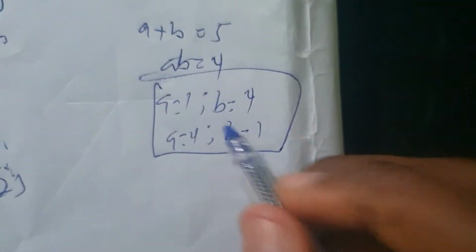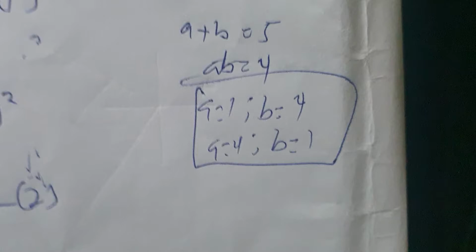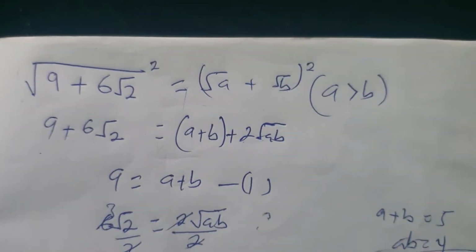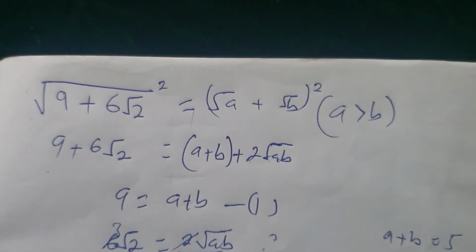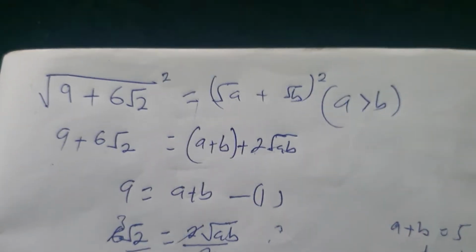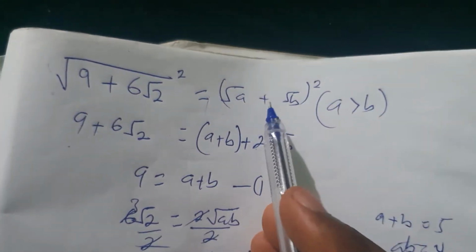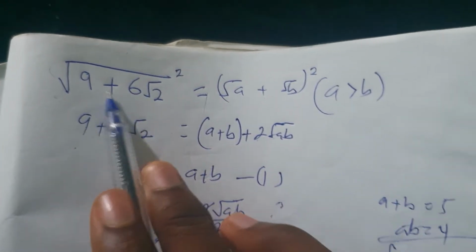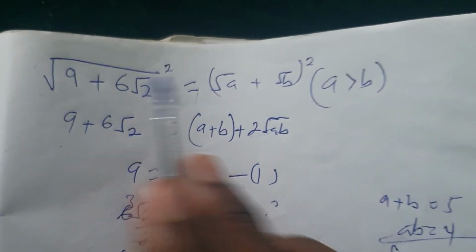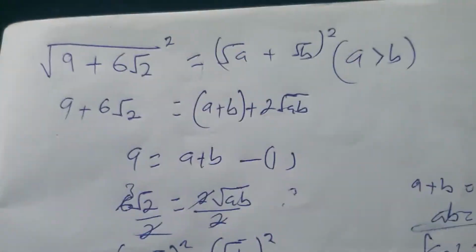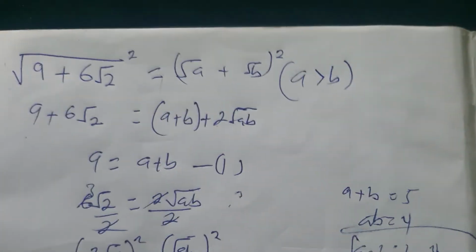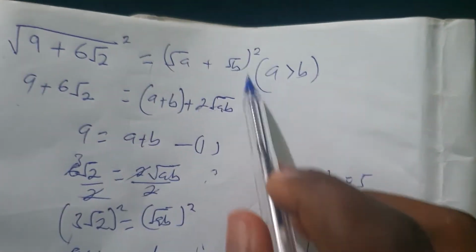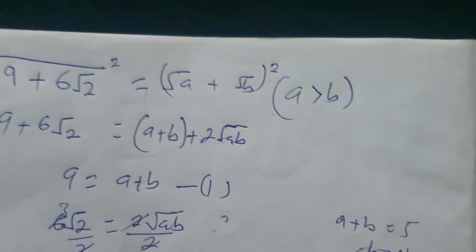Two different sets, but all of them will satisfy the equation. So how do you know which one to use? In this case, any one that you use will be acceptable because of the plus here. But in case this was not a plus sign, let's say it was minus, then you have to choose based on this condition that we have over here: a should always be greater than b.